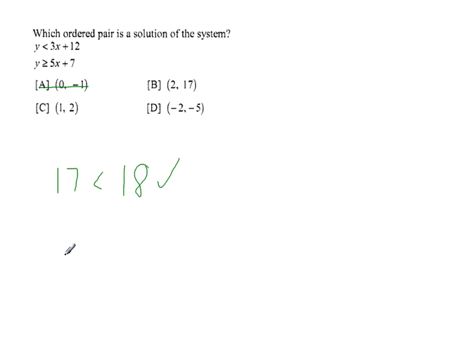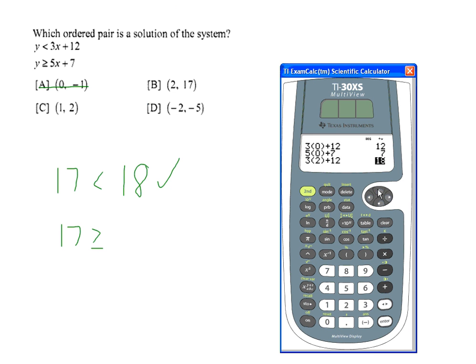So now we've got to put it in for this one. So I'm going to put 17 is greater than or equal to, and we're going to put 2 in for x again. So let's get the calculator back up, and once again, I'm going to go up to the second one that I've already got in here and just use it.